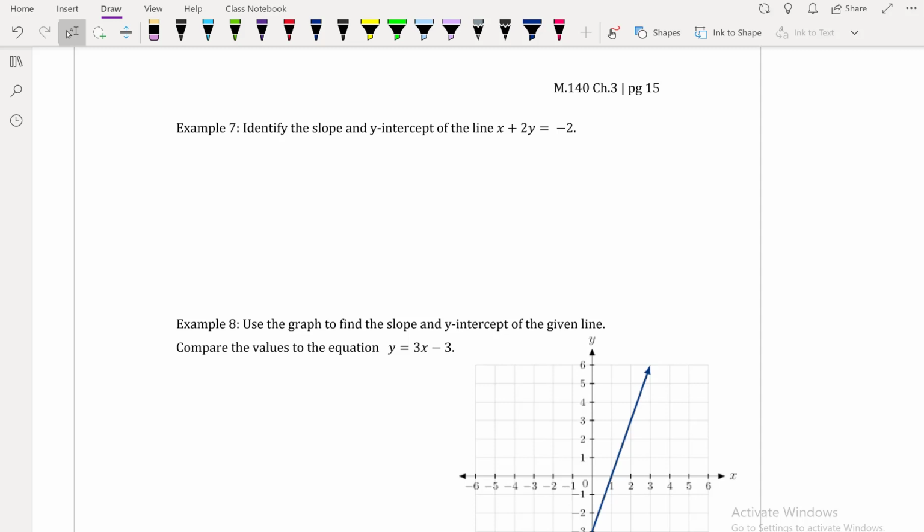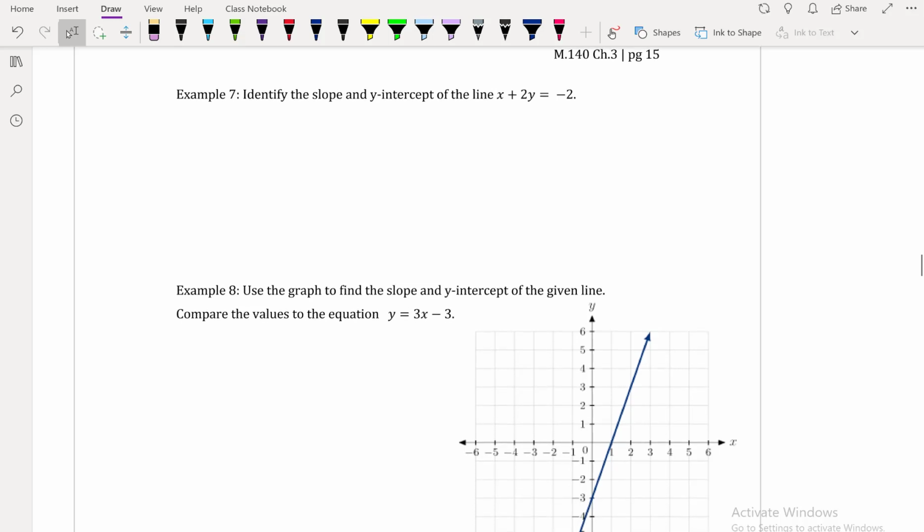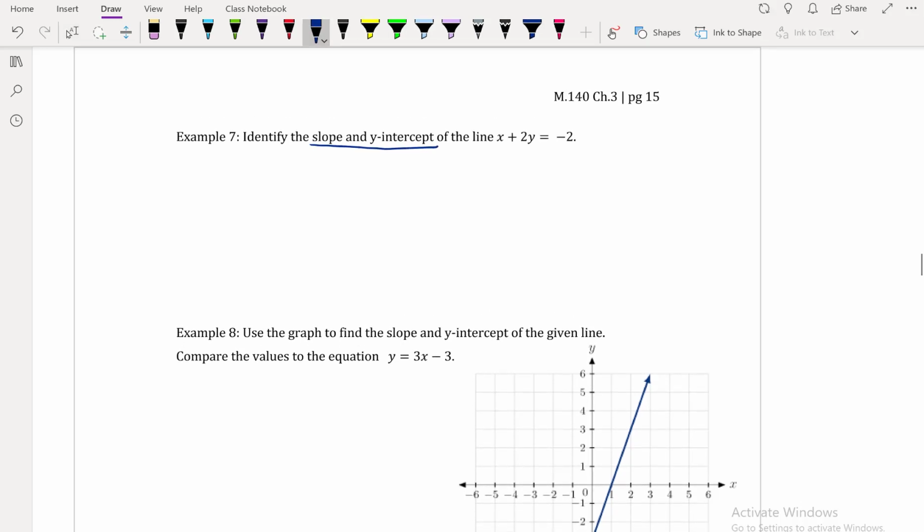For example number 7, it says identify the slope and the y-intercept of this line. So whenever I want the slope and the y-intercept, I can think about it as y is equal to mx plus b. So I want to get that equation and solve for y. The equation that I have is x plus 2y is equal to negative 2.